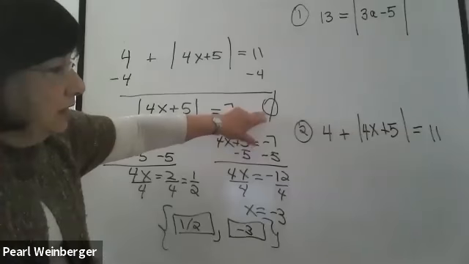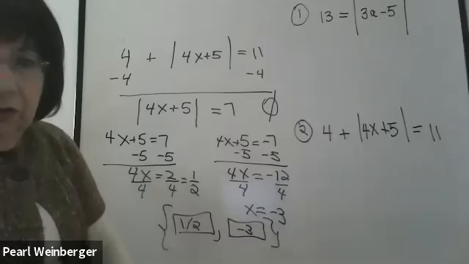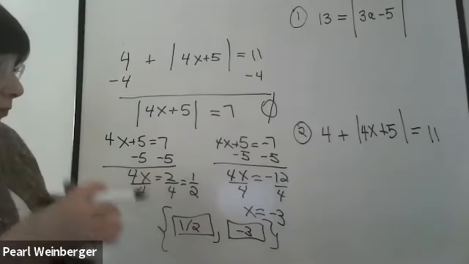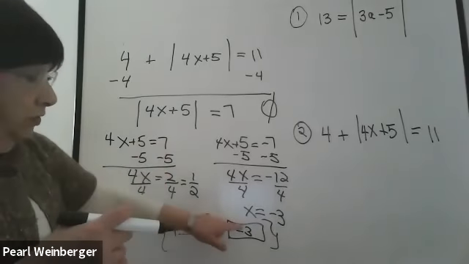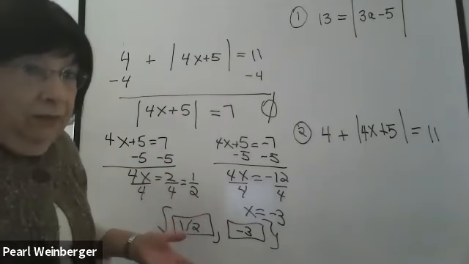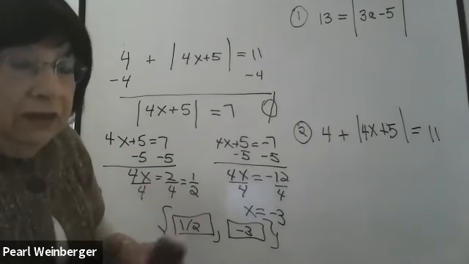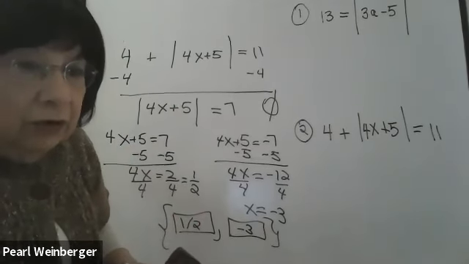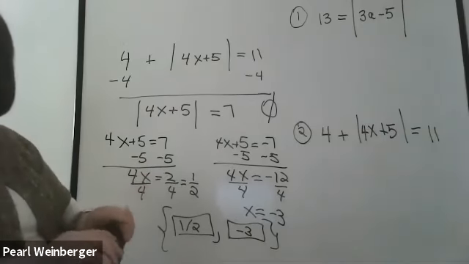But this symbol is the same as saying no solution. Or the other way is just to leave it blank. There's no answer. But don't worry about it. They'll give you the option to say no solution. Okay? I think we're finished with these examples.